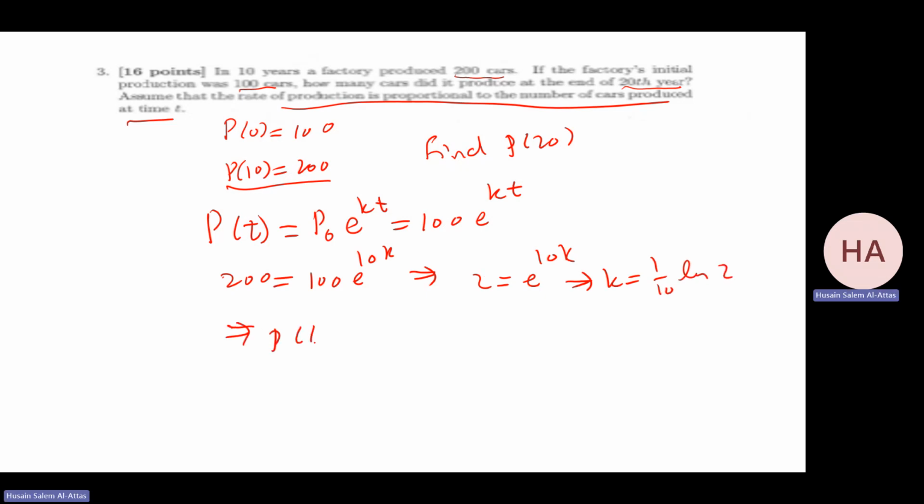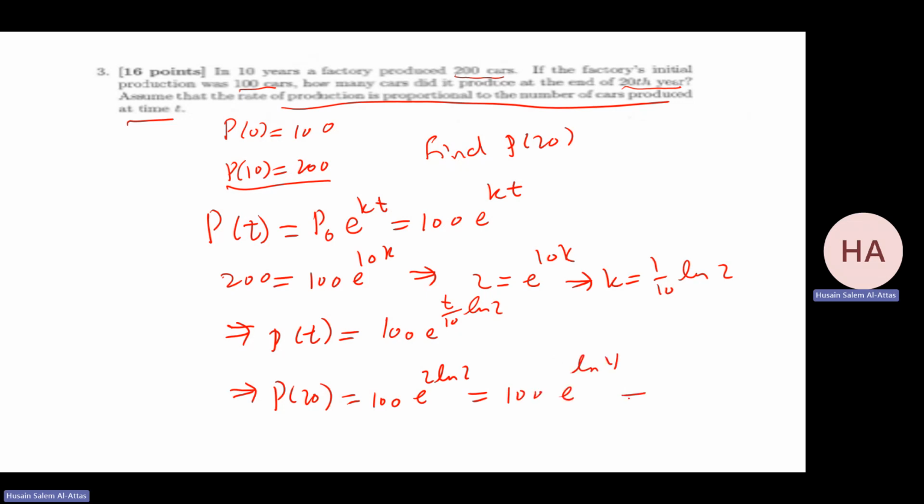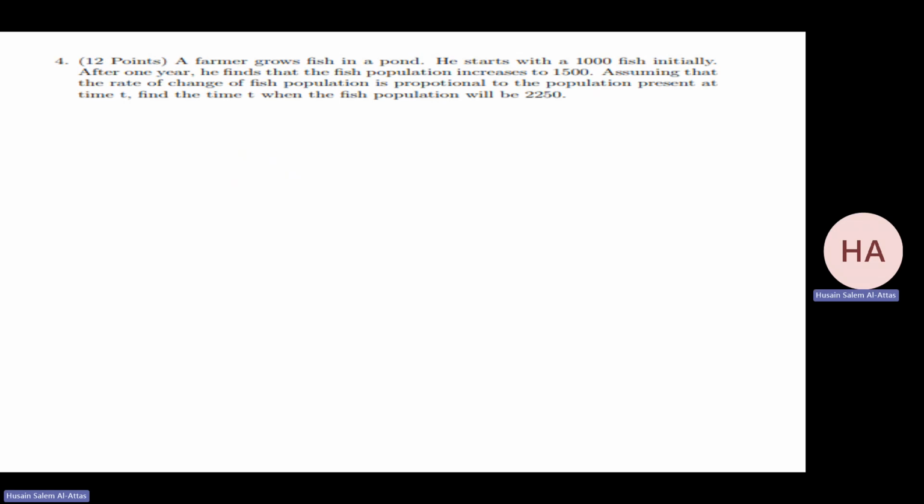So P at T is what? 100 e^(T over 10 ln 2). What you want? P at 20. I have 100 e^(2 ln 2), which is 100 e^(ln 4), 2 squared. So I have 100 times 4, which is 400. Yeah, I think this is the last one.